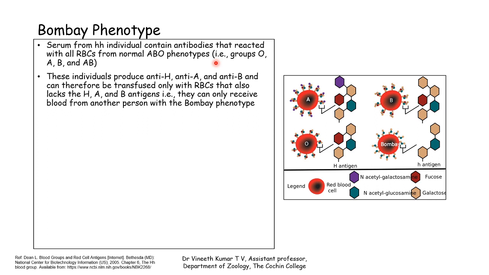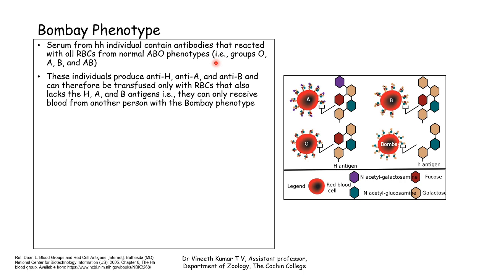They found that when you mix the donor's blood with the patient's blood, all the blood groups were showing coagulation. It was then they identified it was not a blood group which is called an O blood group.